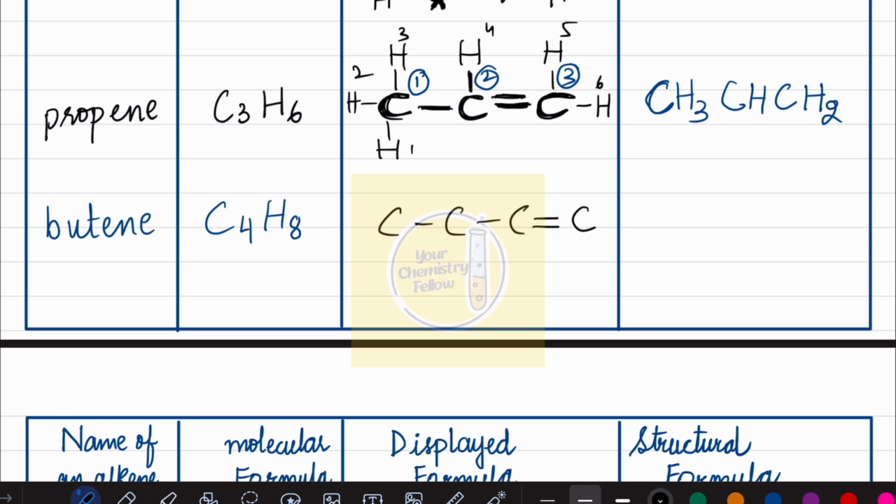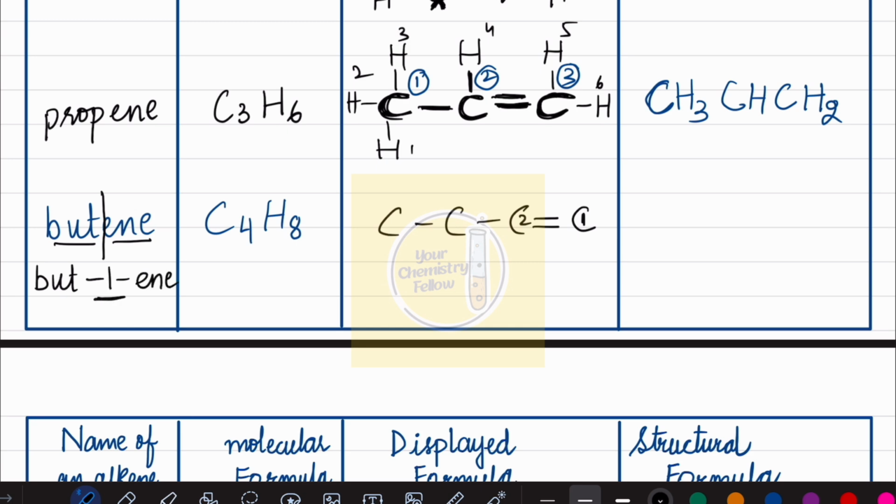Always number the carbon atoms from the side at which the functional group is present nearer to it. So as the functional group is present in between the 2 carbons that are present on the right hand side, I will start numbering from here. This is carbon 1 and this is carbon 2. So the name of butene will be split and its name will become but-1-ene.